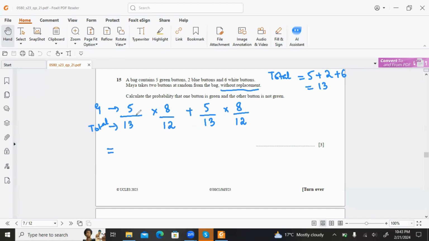So it's going to be 40 over 12 times 13, which is 156. 40 over 156, so 80 over 156 in total. And we can definitely simplify that: 20 over 39. That is our probability.